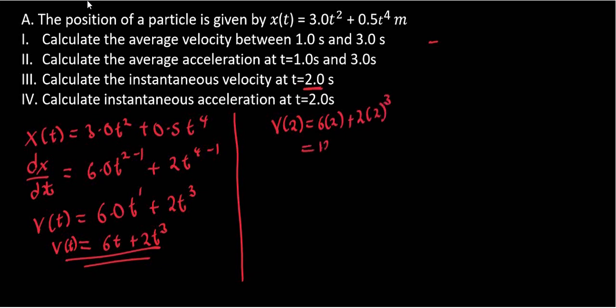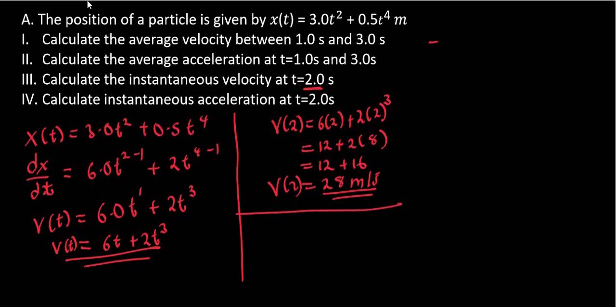So that is 12, and 2 cubed is 8. So you have 12 plus, when you multiply there, 16. So you have 28 meters per second. So that is what we call instantaneous velocity.